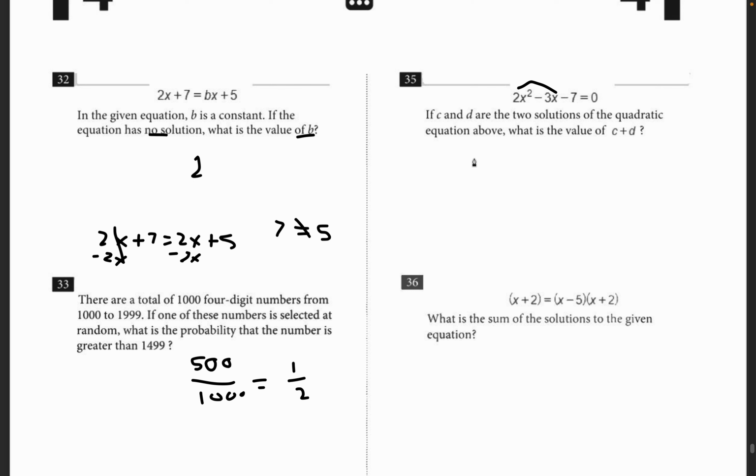2x squared minus 3x minus 7. Graph. Okay, well, you can graph it. Then let me see my window. Zoom fit. Okay, so let's do this. The window x max has to be, let's say, 10.